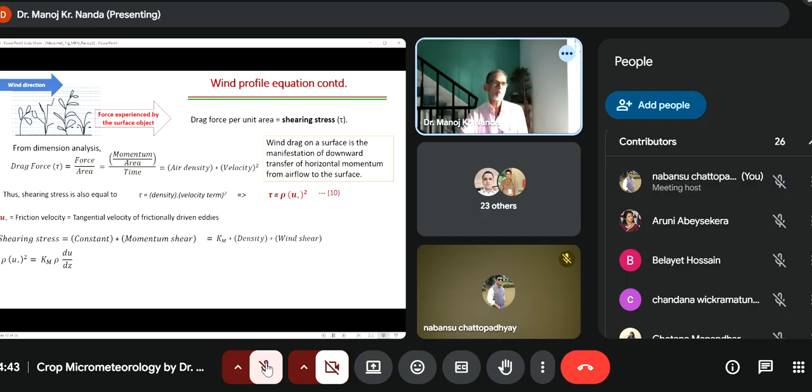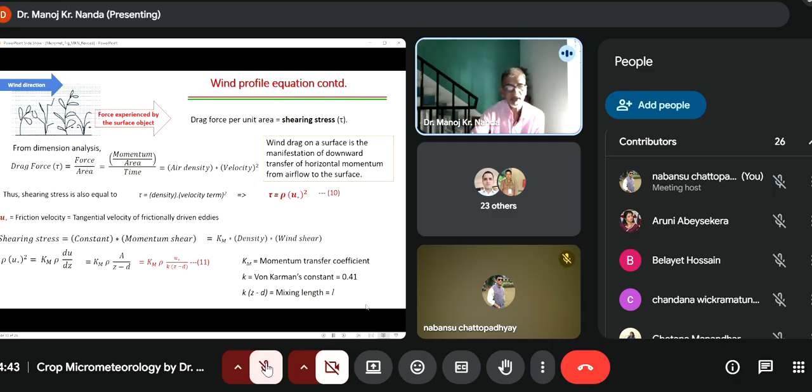Now the thing is how this momentum transfer is becoming important. For that, in one or two slides, I can tell you why it is becoming important. This Km is going to rho into A by Z minus D. And here, just one more imagination, that this A, the proportionality constant, is equal to U asterisk by K. So U asterisk is your frictional velocity and K is your von Karman's constant, that is 0.41, a universally accepted value.